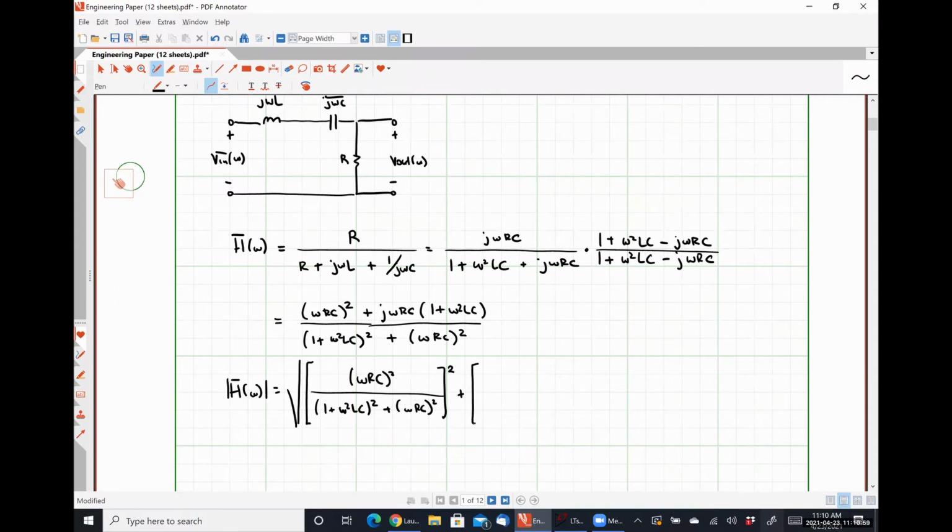Then we put in our imaginary part. So doing the denominator first, 1 plus omega squared LC quantity squared plus omega RC quantity squared. And then up here, we are going to have omega RC times 1 plus omega squared LC. This whole thing squared.